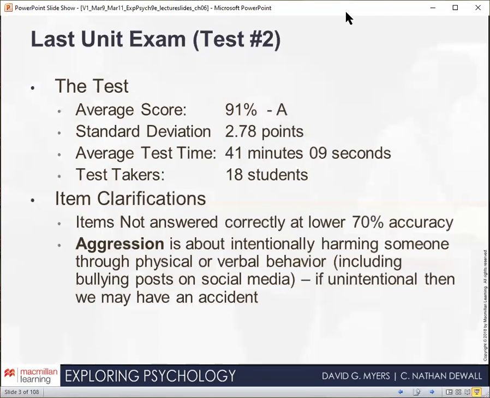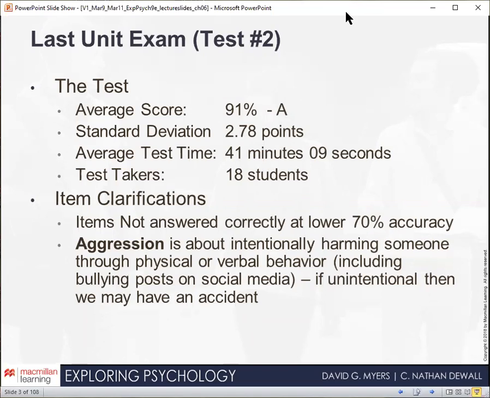The first item we want to talk about real quickly is aggression. There was an item on aggression that met these criteria. Aggression is about intentionally, and I want to focus on that word intentionally, harming someone through physical or verbal behavior, including bullying posts being posted on social media, for example.